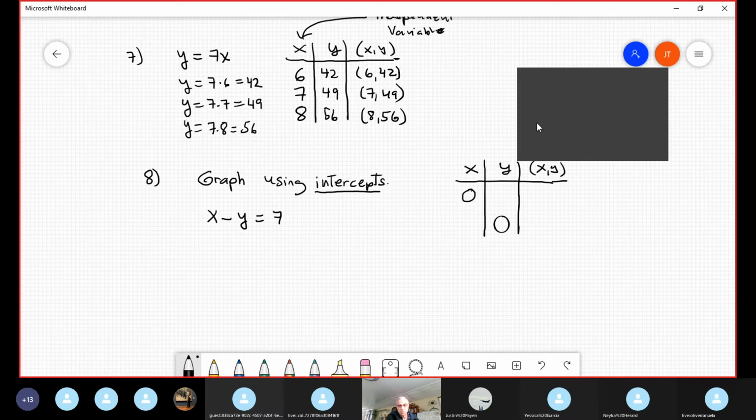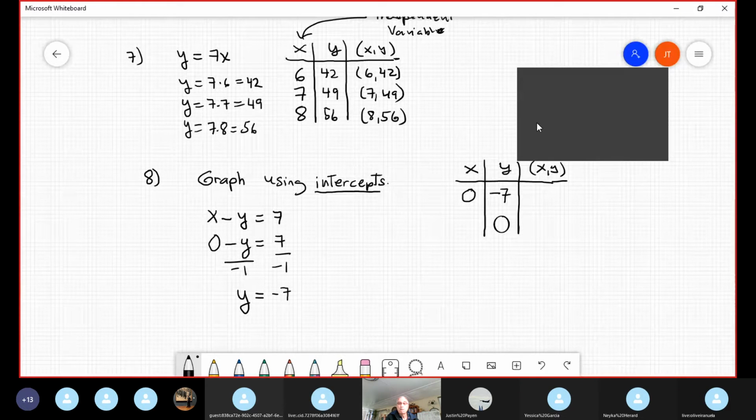And it's just substitution. You replace 0 here. 0 minus y is equal to 7. But I want to solve for y, so multiplication or division by -1 on both sides, because I need y alone and positive, not negative y. So y is -7. And the point is 0, -7.